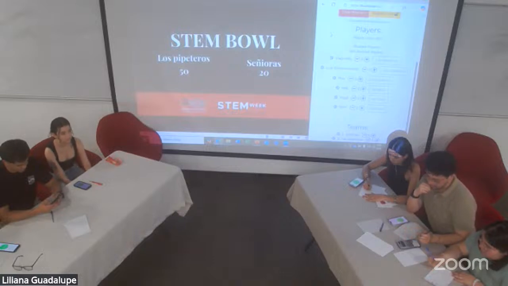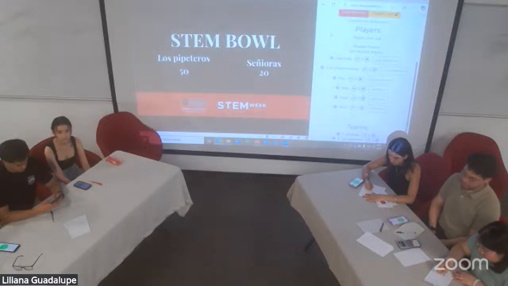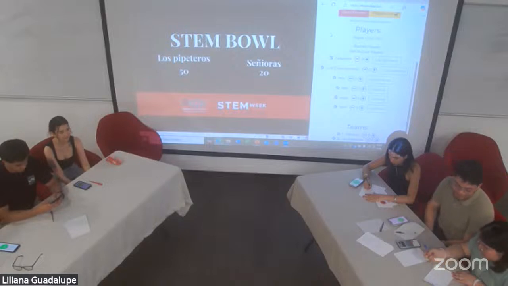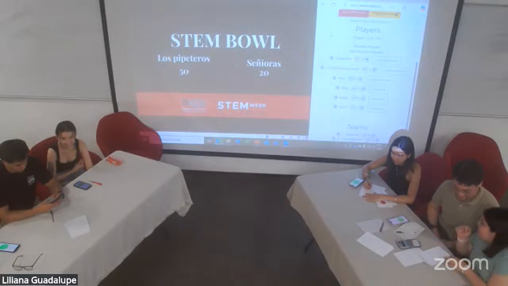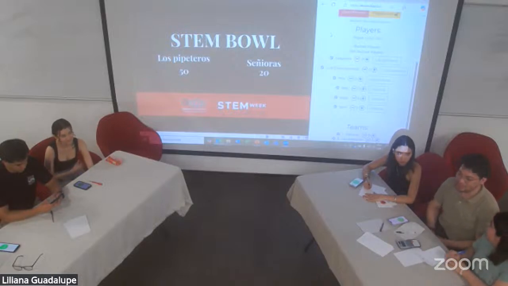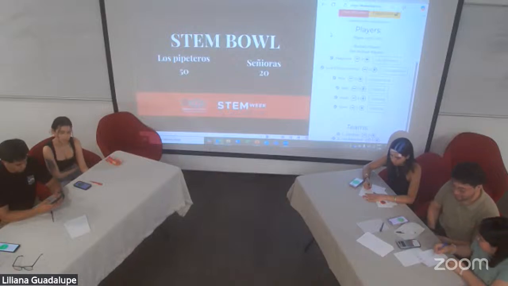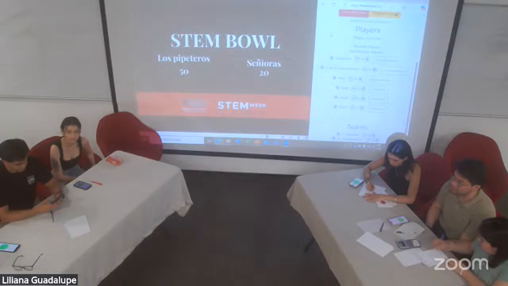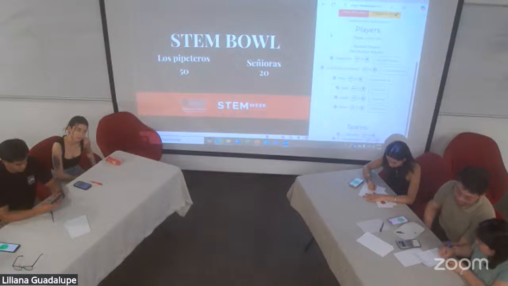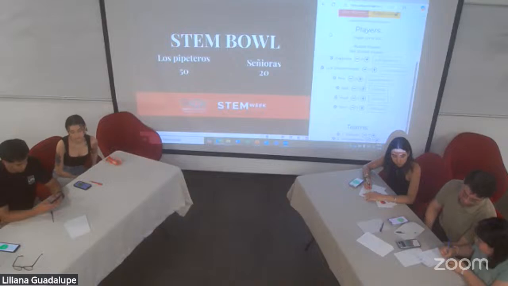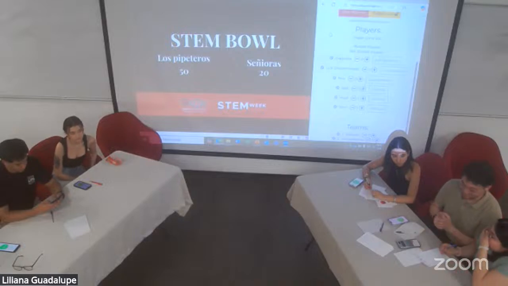Providing your answer to the nearest tenth, if the temperature is increased by 100 degrees Celsius and the volume of the gas doubles, what is the new pressure of the gas in atmospheres? One decimal.